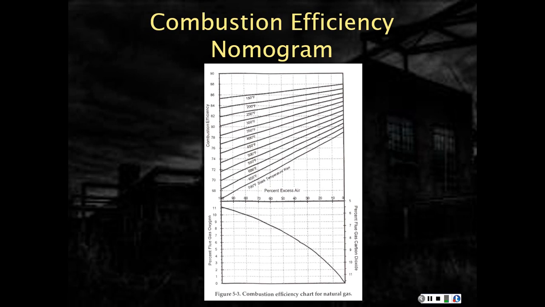Now I continue up the nomogram until I strike one of these diagonal lines, which represent my stack temperature. That would be the other key thing that I would be measuring. Once I hit the proper stack temperature, let's say in this case I had 700 degrees, which is that bottommost line, I go back to the left, and it'll give me my combustion efficiency. So in this case, 75%.